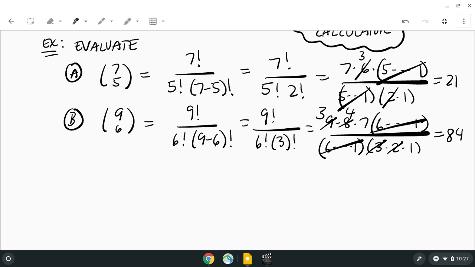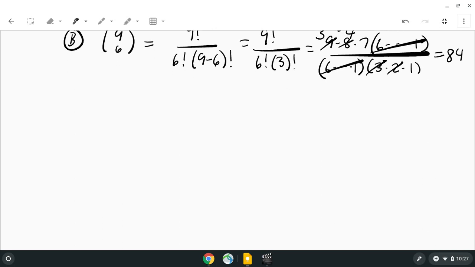Okay, so let's take a look at the binomial theorem. So I already showed you the Pascal's triangle. So this is just another way to come up with those coefficients that we were getting in Pascal's triangle.